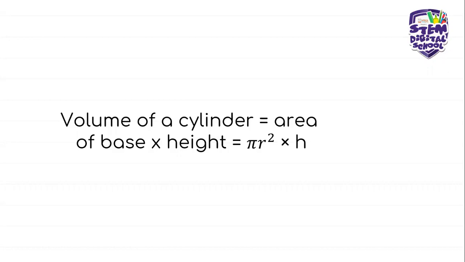In the case of a pentagonal prism, the base is a pentagon. In the case of a hexagonal prism, the base will be a hexagon. In the case of a cube, the base is a square. So there should not be any confusion.